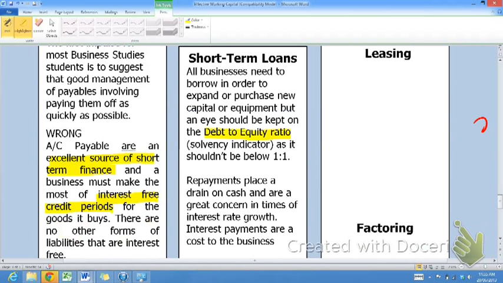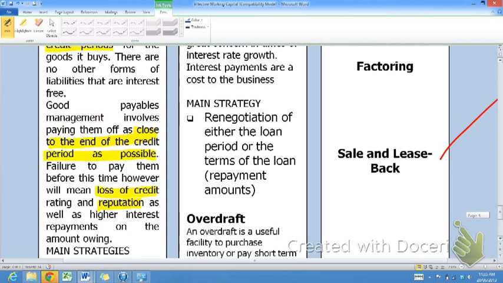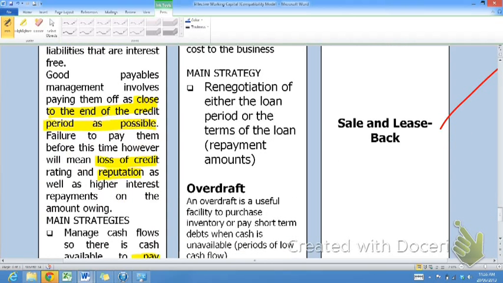Okay, and as you all know, that shouldn't be below 100% or 1-to-1. Okay, so the main strategy here with our short-term loans, in order to keep them down, is renegotiation if they're too high. Okay, and then also look at the terms of the loan repayments amounts.